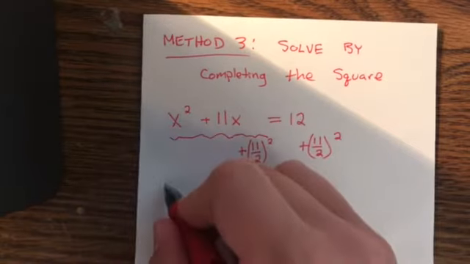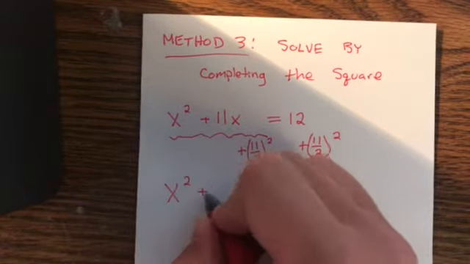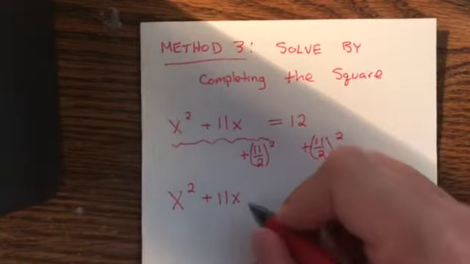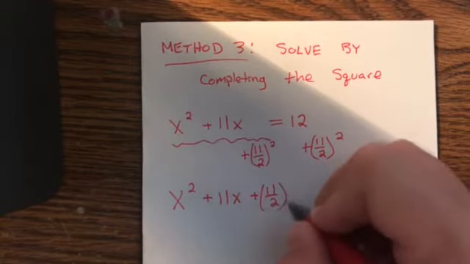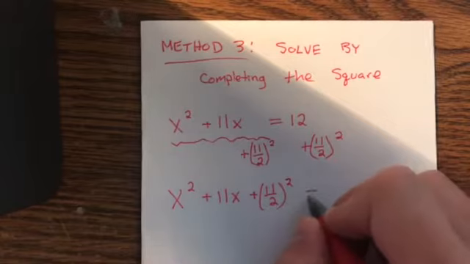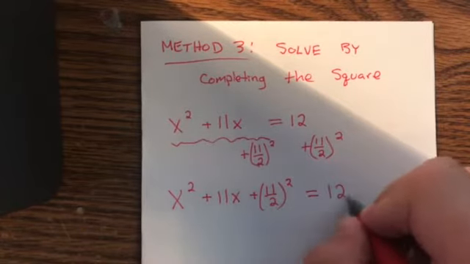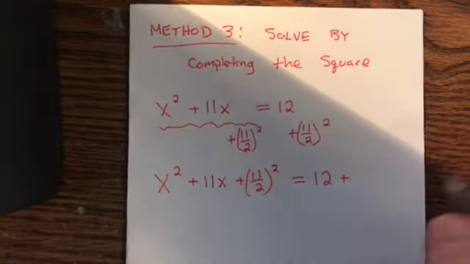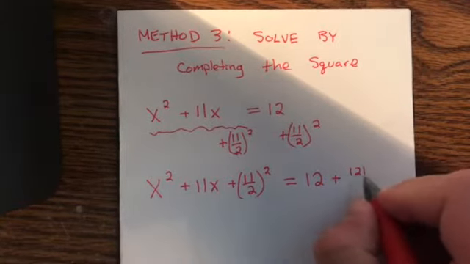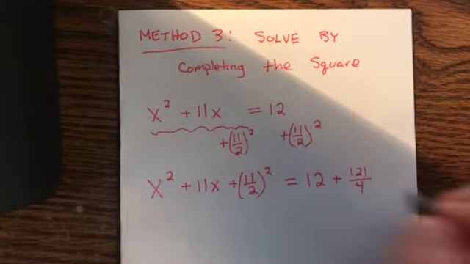Now on the left side here, I'm just going to write x squared plus 11x plus 11 halves squared is equal to 12 plus, well, 11 halves squared, that's just 121 fourths.